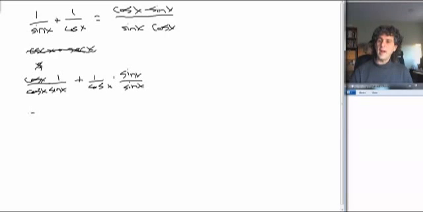And so I have cosine x over cosine x sine x, and I have sine x over cosine x sine x. And now, carrying out the fraction addition, I have cosine x plus sine x all over cosine x sine x, which I can, of course, write as sine x cosine x.